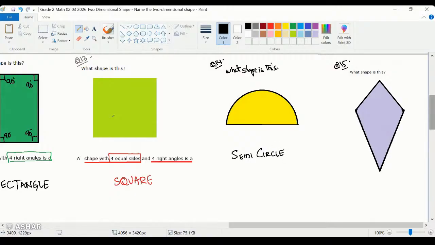And what about the last shape? Question number 15. This shape has four sides, right? We can count one side, two sides, three sides, and four sides. But we can say this is not a square, right? We can say this is not a rectangle. This was a square. This was a rectangle.